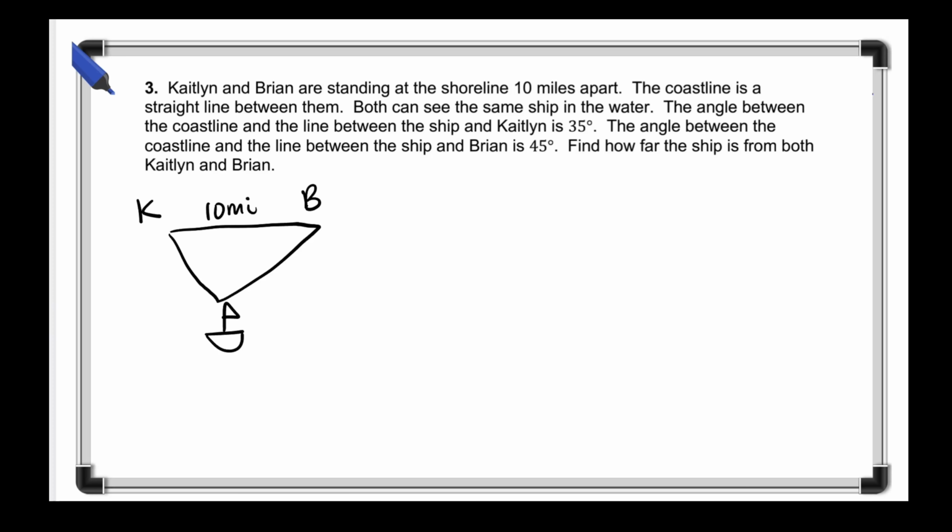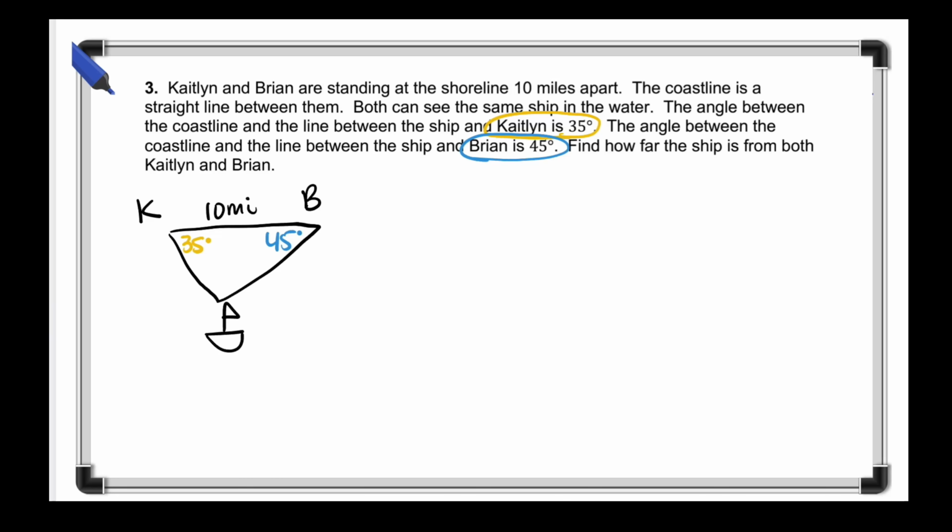What we do know is that the angle between the coastline and the line between the ship and Caitlin is 35 degrees. You can figure out the angle between the coastline and the line and Brian here. This is 45 degrees. And we want to figure out how far the ship is from both Caitlin and Brian.